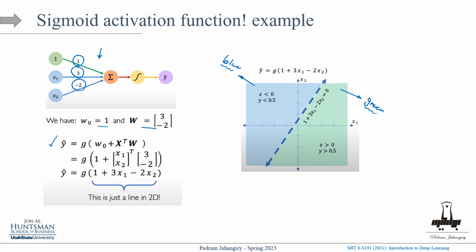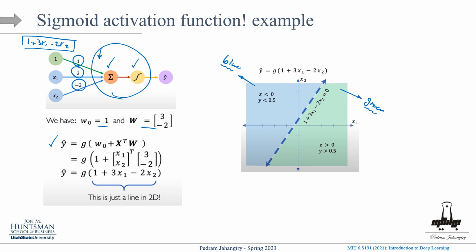So again, these are the weights, and we're going to make some predictions. This is very simple. At the end of the day, we're going to have 1 plus 3x1 minus 2x2, right? So this is the linear part of the perceptron. Remember, this is our perceptron. It's going to have two mathematical formulas, a linear function and a nonlinear function. So the linear function is this part.